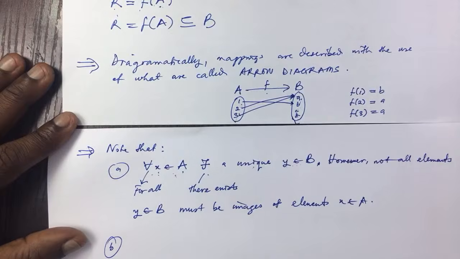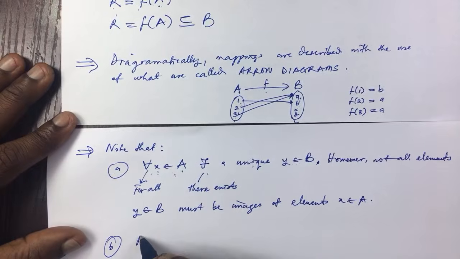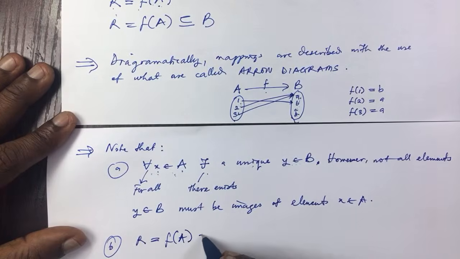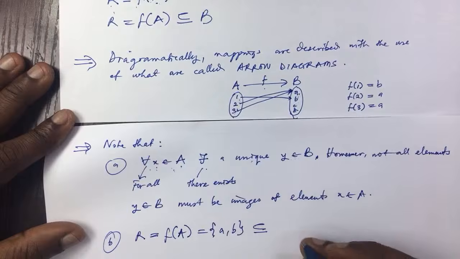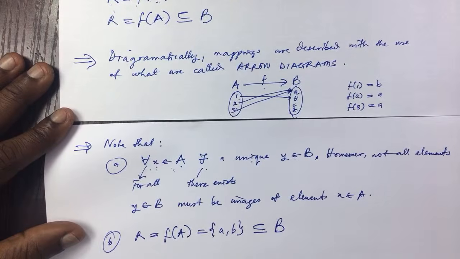Now, the next thing I want you to note is that R, which is the range, equals F of A. In this case, it will be the set containing a and b. And clearly, this set containing a and b is a subset of the codomain.